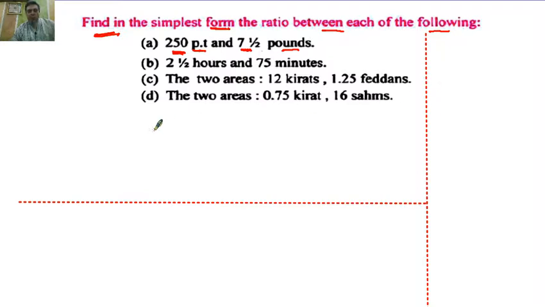Then the ratio becomes 250 piasters to 7.5 multiplied by 100 equals 750. Cancel the 0 with the 0, divide by 5 and divide by 5. Then the ratio becomes 1 over 3. That's question A.